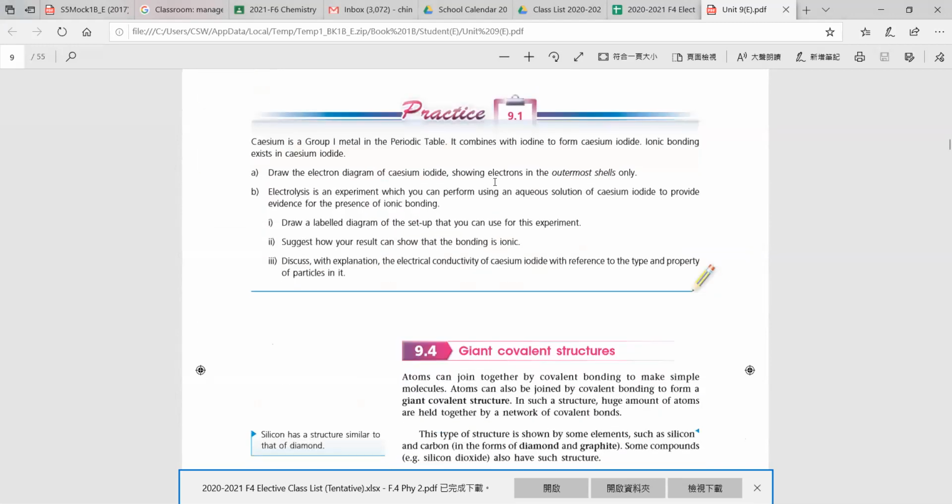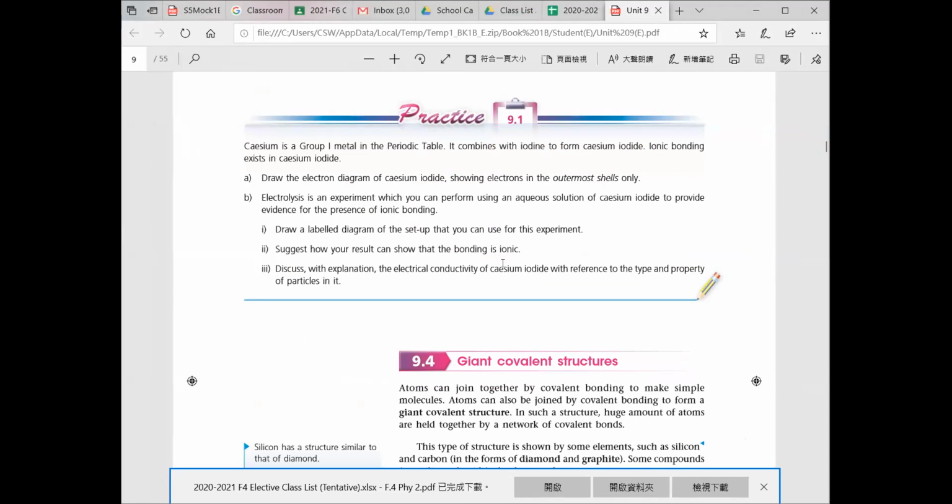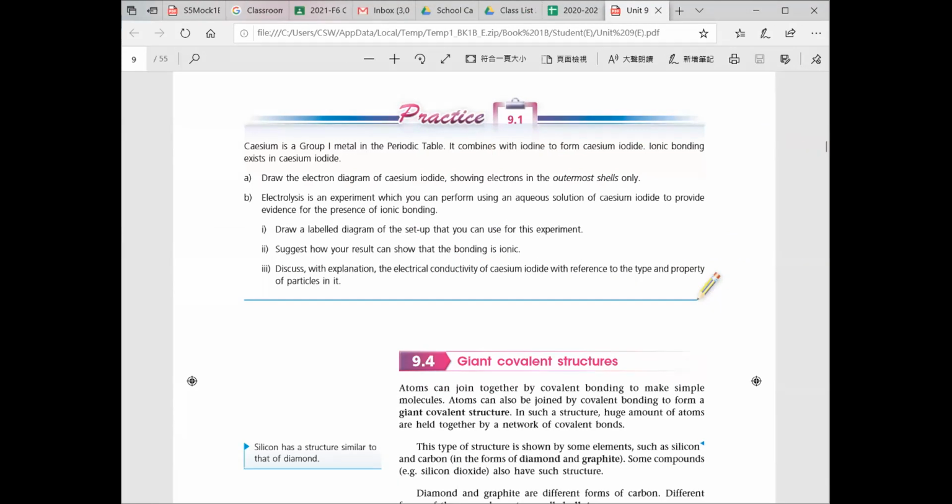It is on page 150, class practice 9.1. Shall I invite some students, anyone who has got a pen? Do you have any pen? Now, if you're asked to draw the electron diagram of cesium iodide, what do you have?